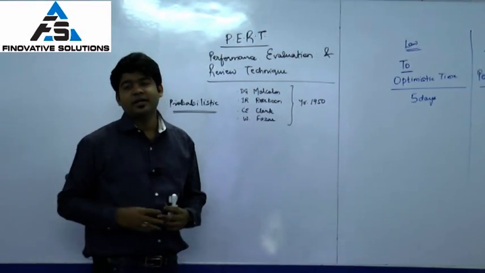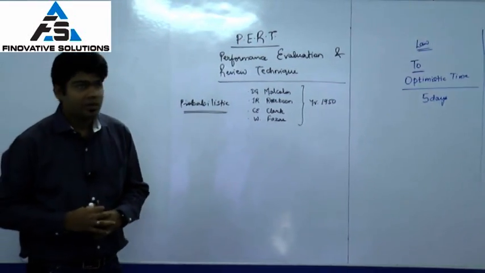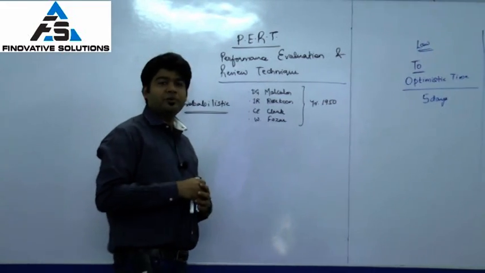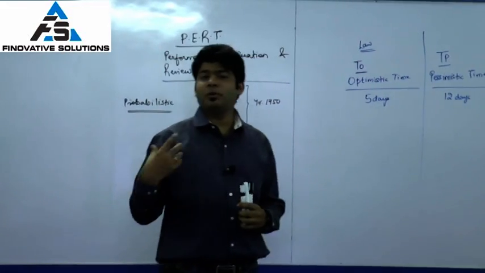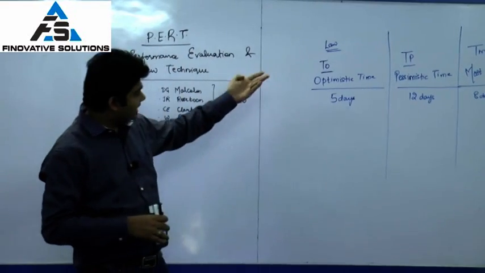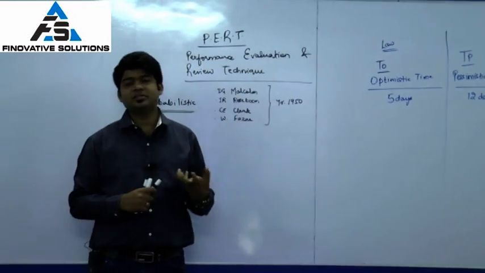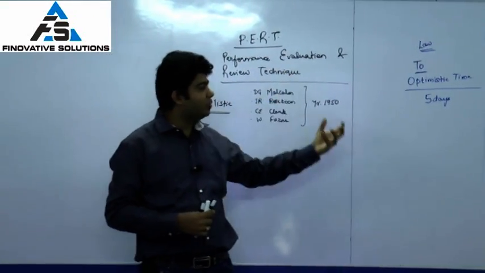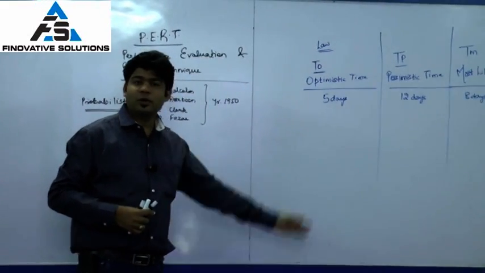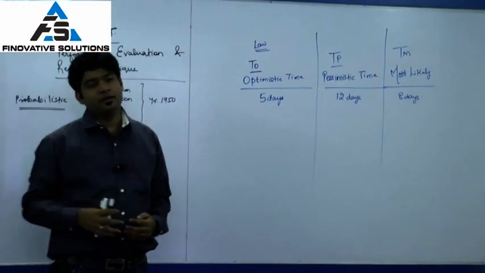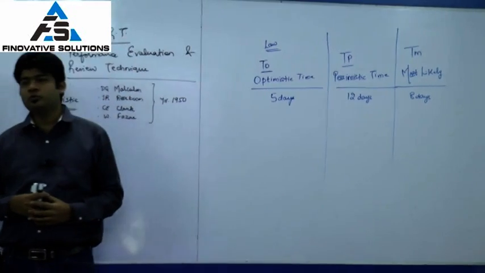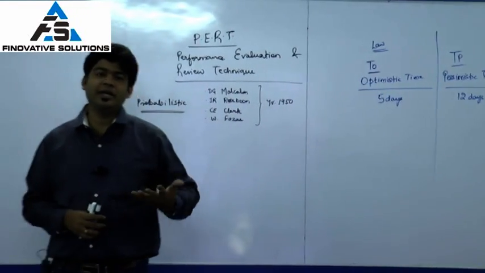So as I said, it is a deterministic model. But as far as PERT is concerned, we say it is a probabilistic model because there are 3 time estimates, of which there is a probability for TO, a probability for TP, and a probability for TM as well. So sir, which one do we choose? We choose TO, TP, TM.